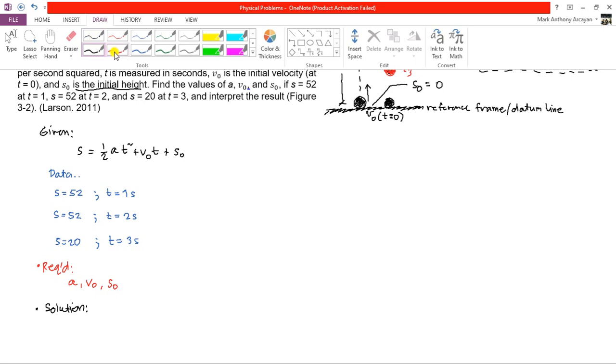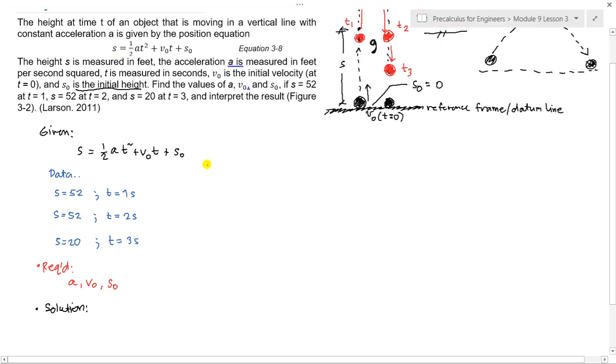Diba, we have three equations to find. Naa na siya diri class.